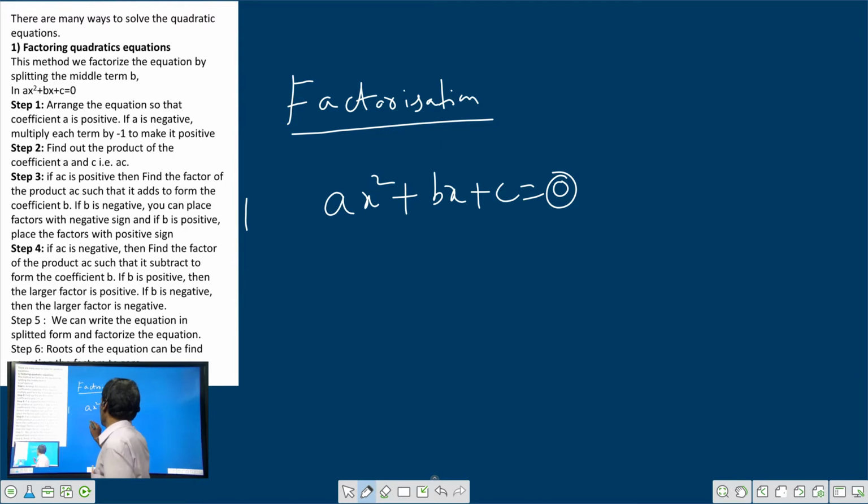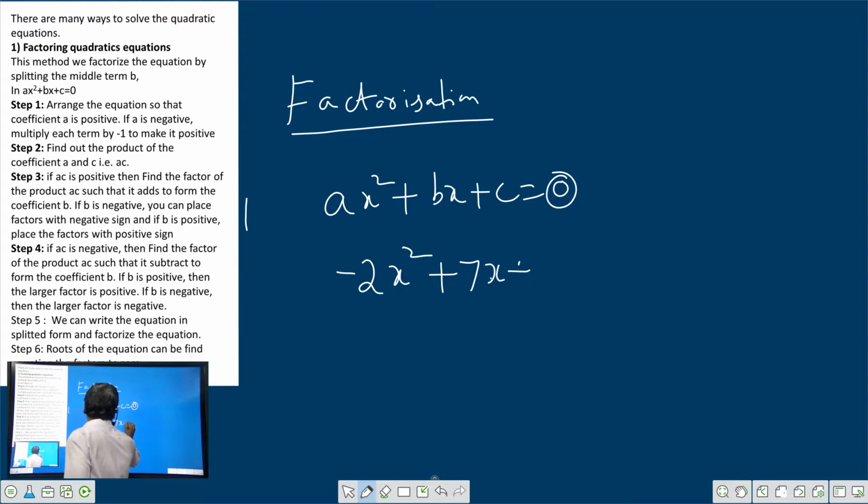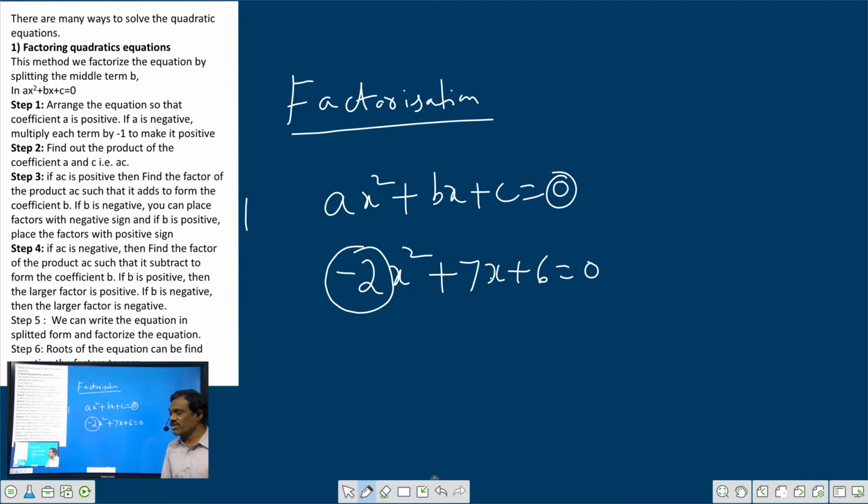What does it mean? Take my example, minus 2x square plus 7x plus 6. If this is a quadratic equation, definitely the coefficient of x square is minus 2, which is negative. That's why we convert the negative x square term.